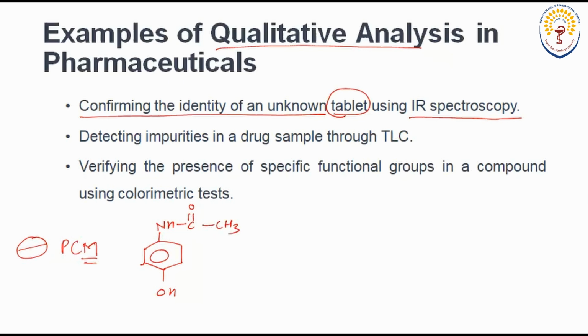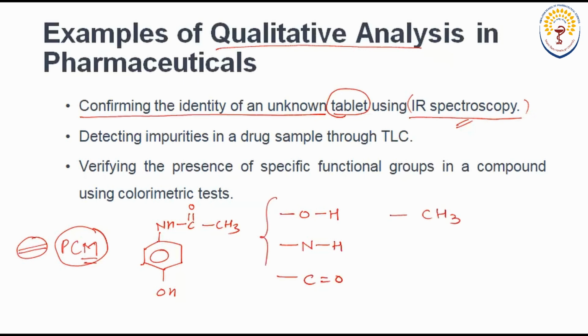Now in this tablet we want to know whether paracetamol is present or not. So what we are going to do is subject it to infrared spectroscopy. Infrared spectroscopy will tell us there is a phenolic OH bond, an NH bond, a C double bond O carbonyl group, and a CH3 group.